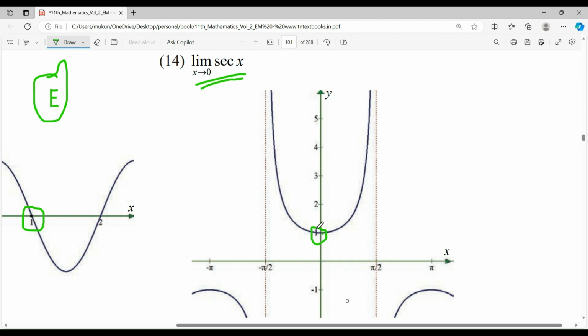We see that for values very close to 0, the graph will take the value 1, right?